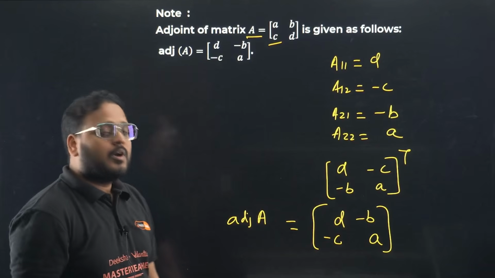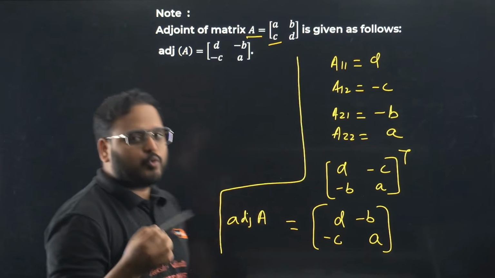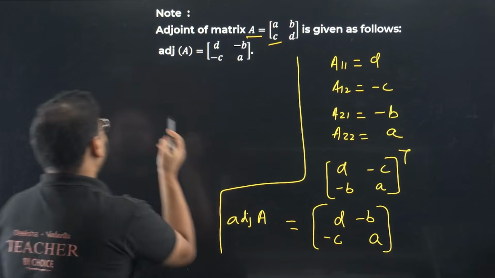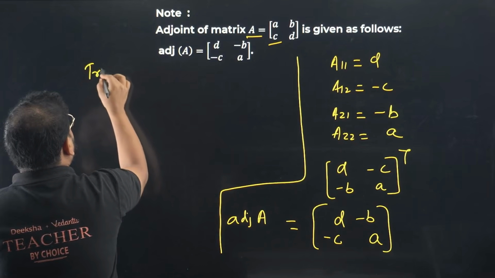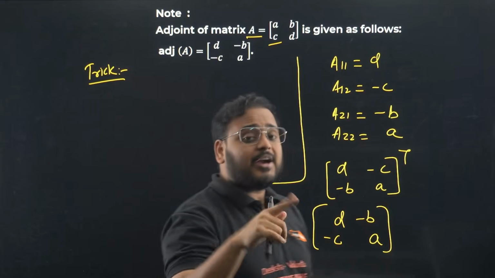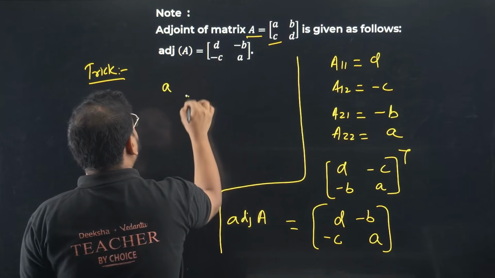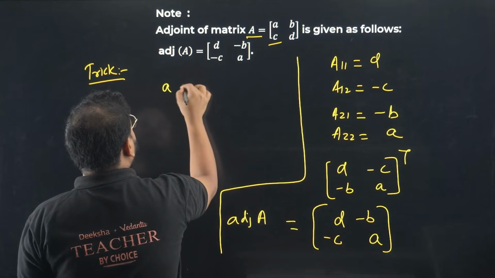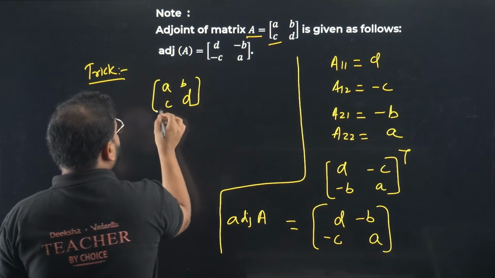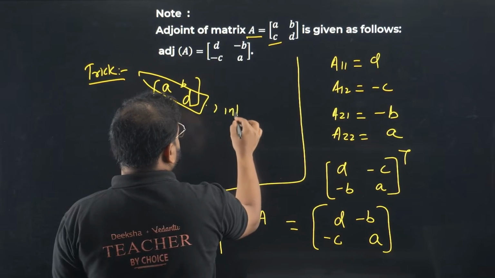If you want to actually know a trick, I'll tell you over here. To find the adjoint of a 2 cross 2 matrix, this is a trick for all of you. Don't do anything. Write the matrix first: A, D, B, C. Simply across the diagonal, interchange.